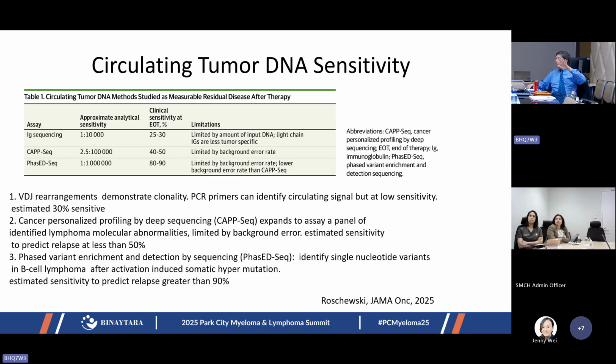What they're doing is looking for the immune globulin itself, as well as specific mutations in that disease. And the sensitivity goes to 2.5 in 100,000. But now we have phase Z-seq, which has an 80 to 90% sensitivity for detecting residual disease. It has very low background error. It's very personalized cancer sequencing therapy.